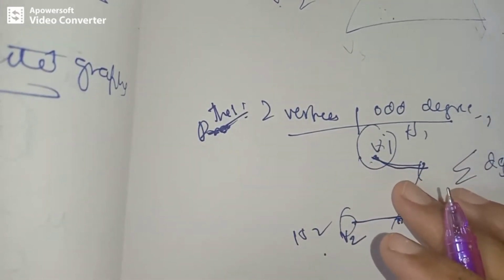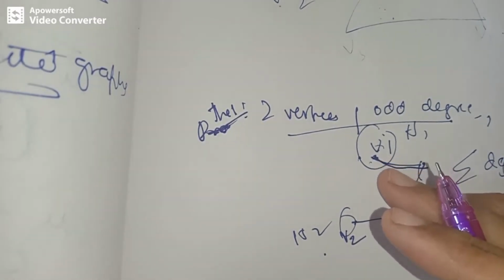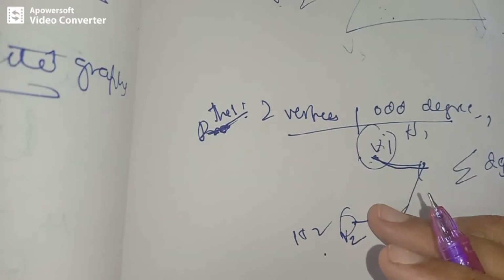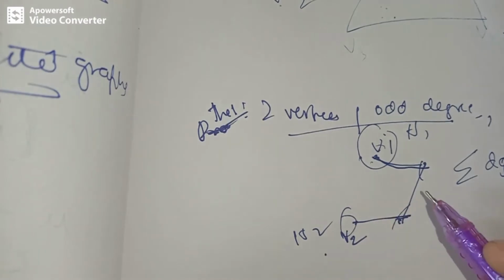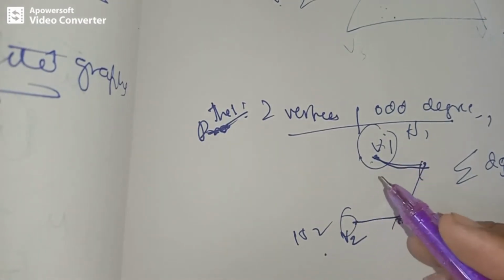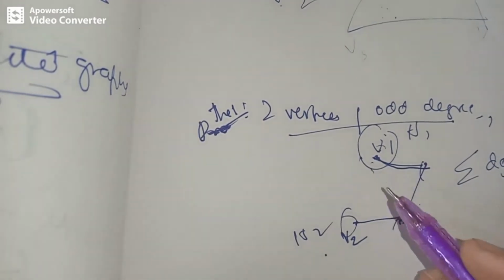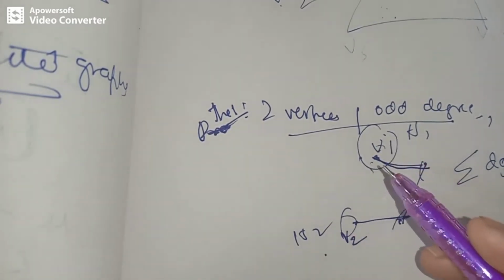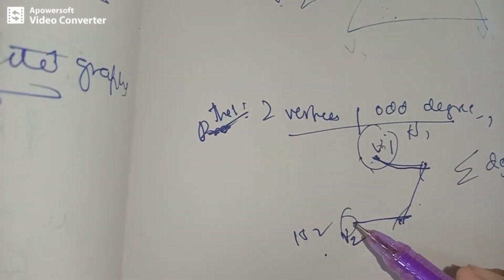And how do we prove it? We start with the 2 vertices, namely V1 and V2, denoting these 2 vertices having odd degree. Suppose we assume that there is no path between these 2 vertices, then the graph will be disconnected, and vertices V1 and V2 belong to 2 different components, or we can say H1 and H2 respectively.